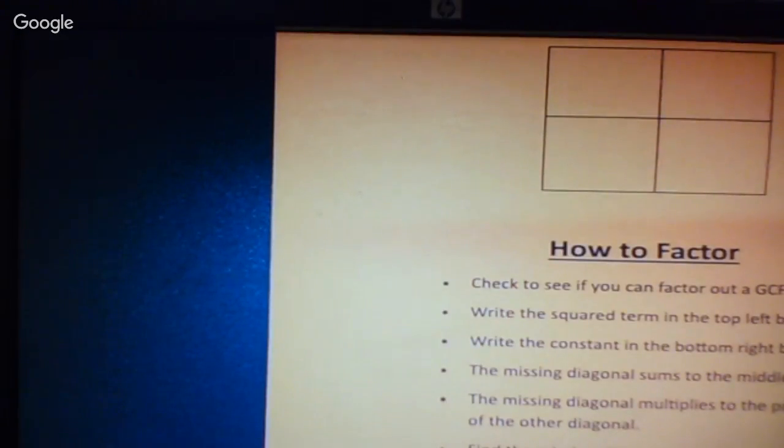Okay? And we'll do the task cards on Monday before we start factoring by group.